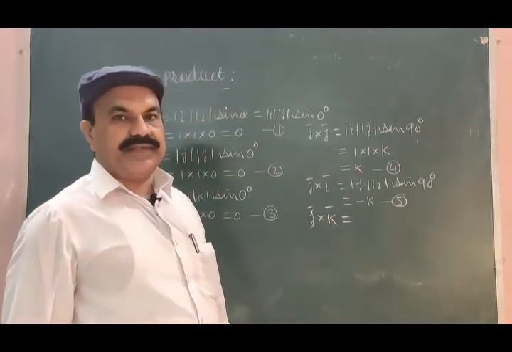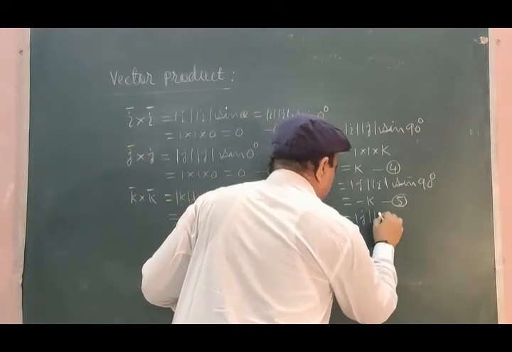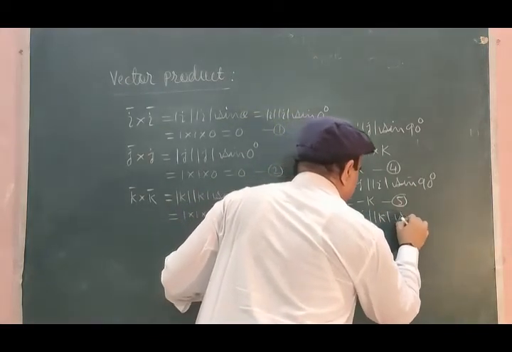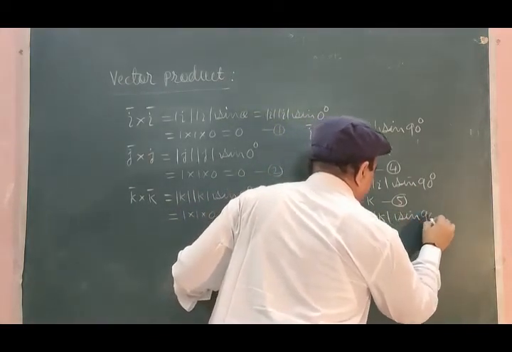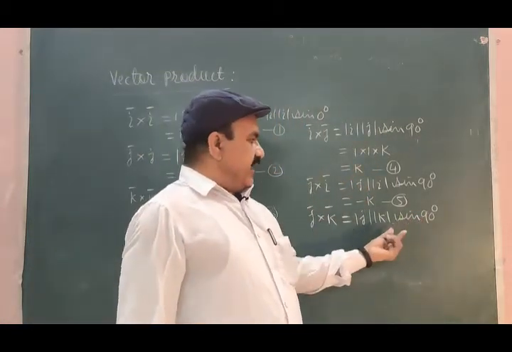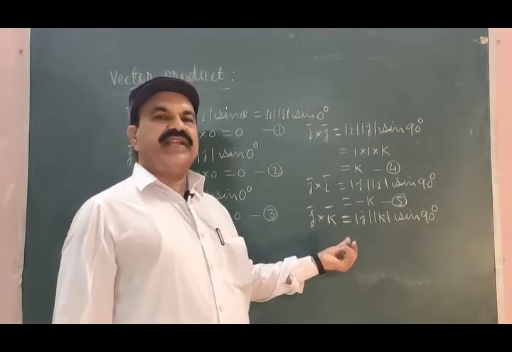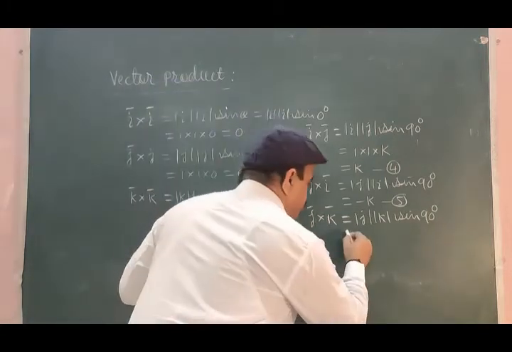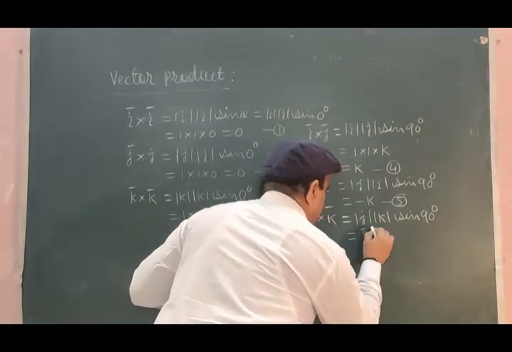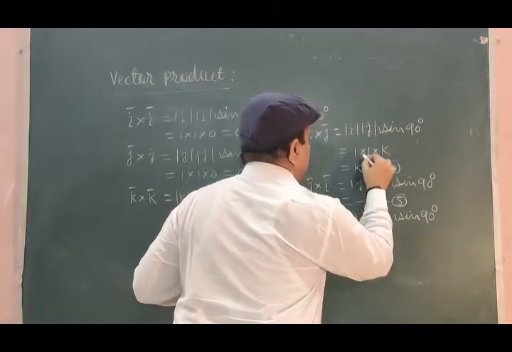Similarly, j cross k is equal to sine 90 degrees, and what is the component perpendicular to both j and k? That is i. So this is simply vector i.